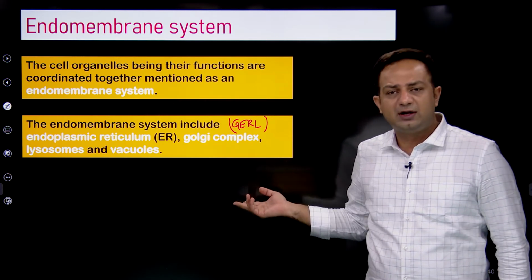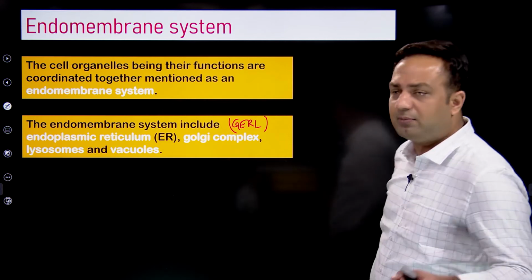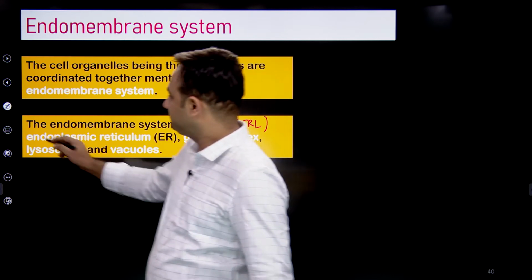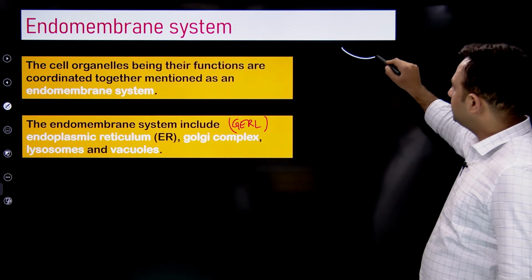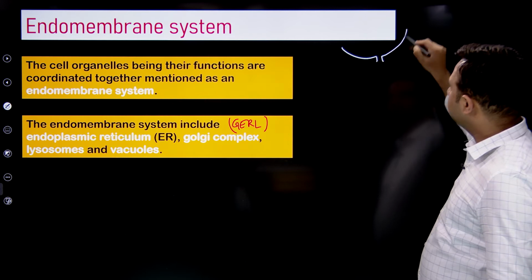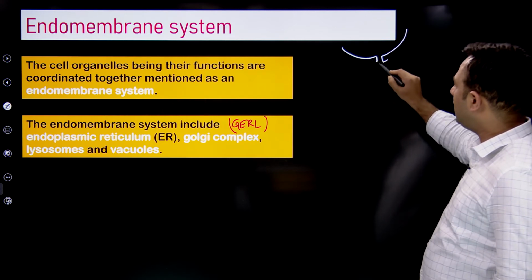Now, how are they coordinated? Let me tell you, a very brief description, an easy one. This is the outer nuclear membrane. This one is inner, and now I am making the outer nuclear membrane.